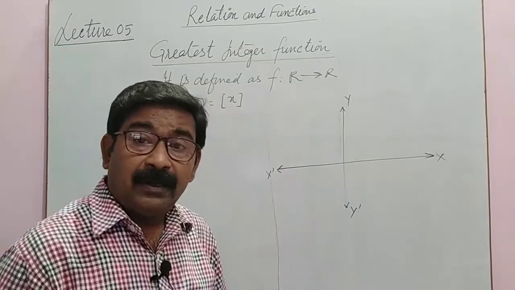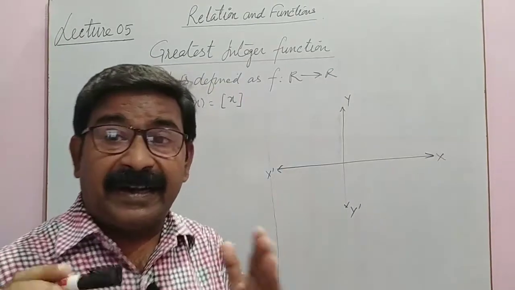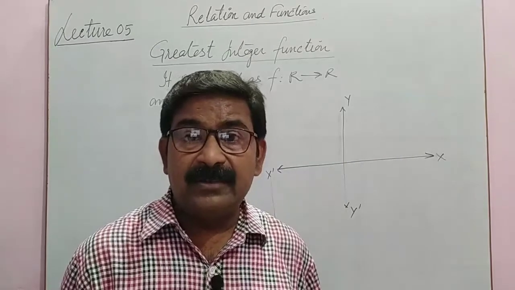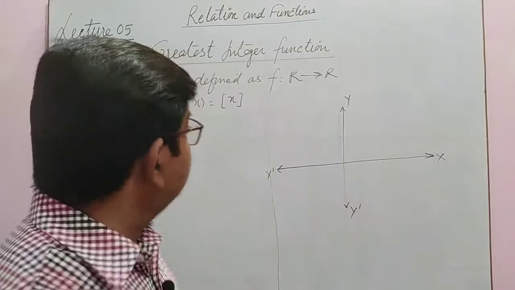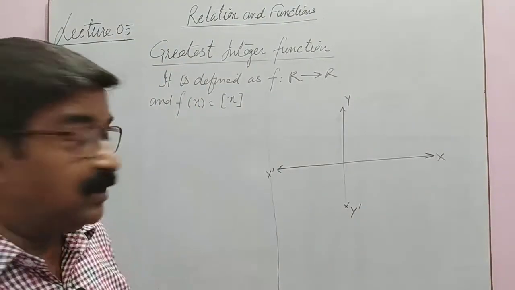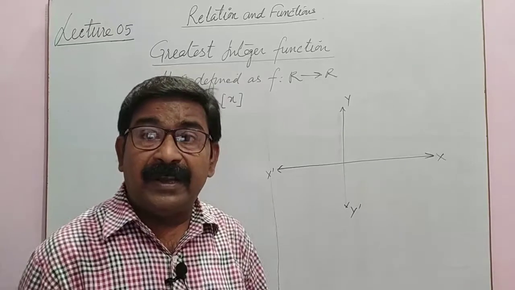But when we are going to find the range of this kind of function, the range is always an integer. This is why it is called the greatest integer. So how to identify the greatest?